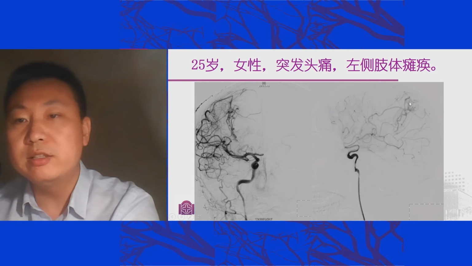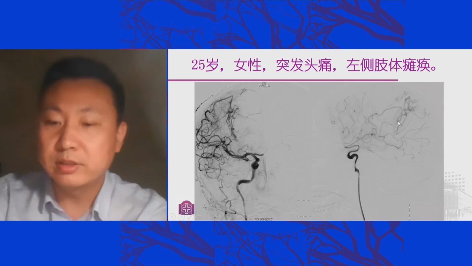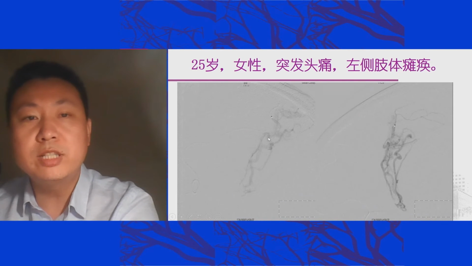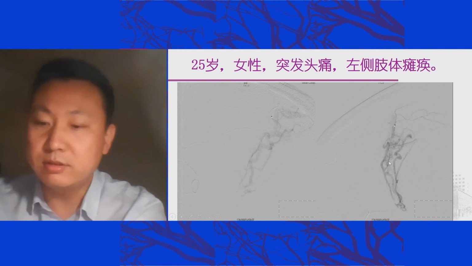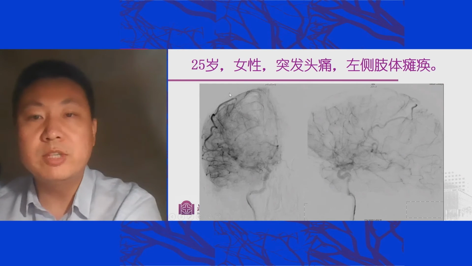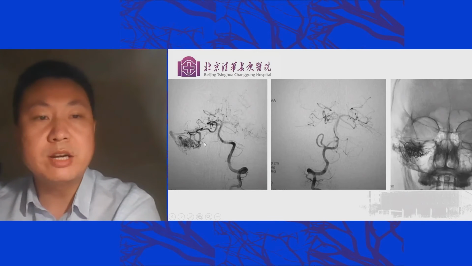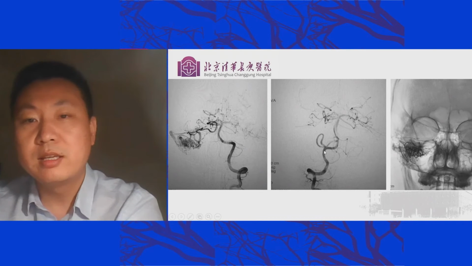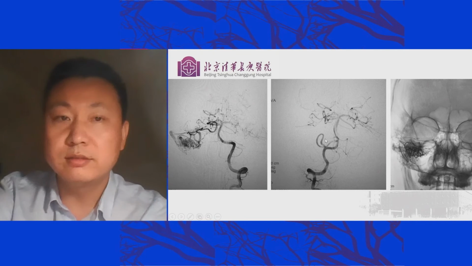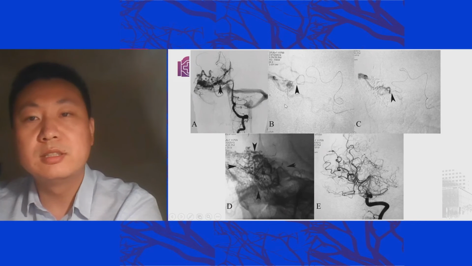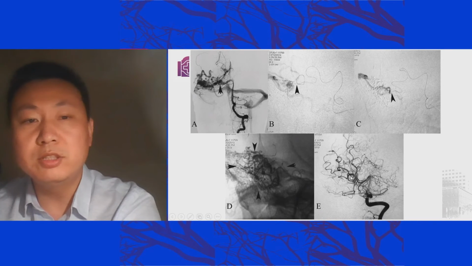The angiogram shows a parietal AVM. Two catheterizations of the feeding vessels achieved complete occlusion of this AVM. Here is a cerebellar AVM with complete occlusion with Onyx. This is a temporal AVM, also completely occluded with Onyx.